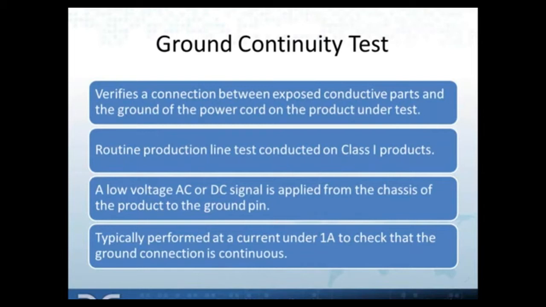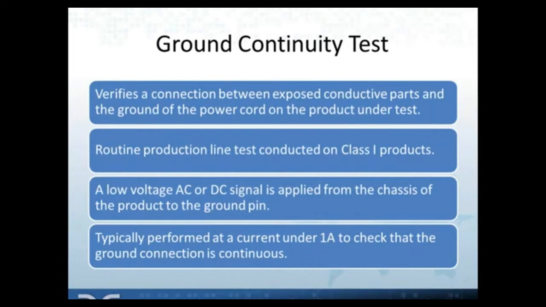Now, we all know that this will only work if the user does not defeat the safety ground of a product. Often, users defeat the safety ground by removing the ground prong from a plug or by using an ungrounded 3-to-2 prong adapter.